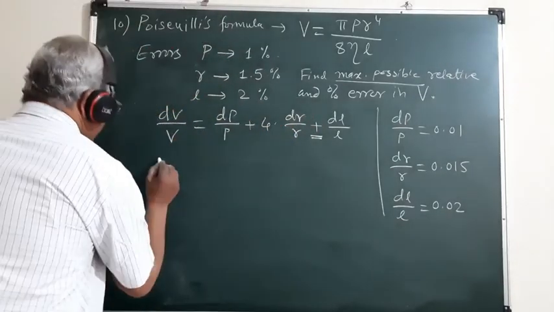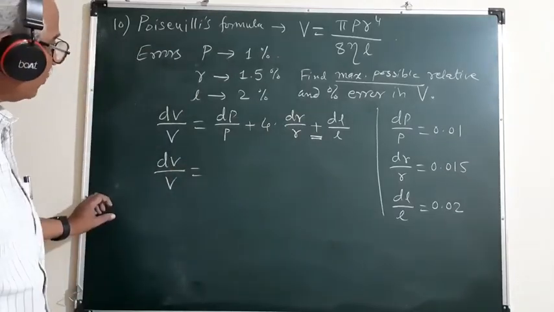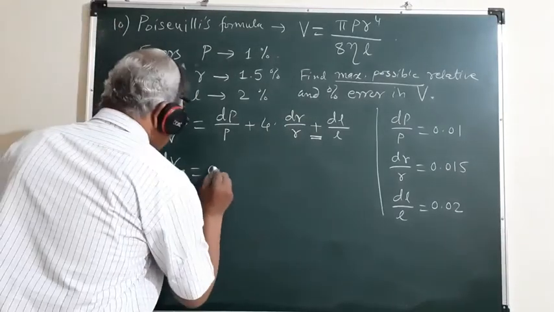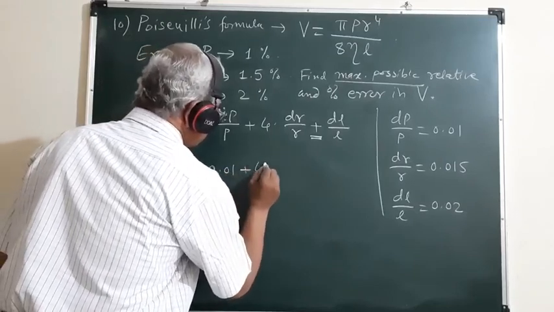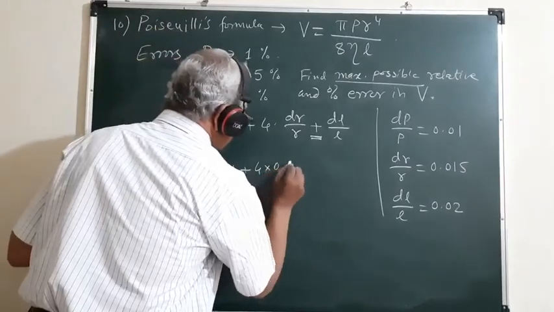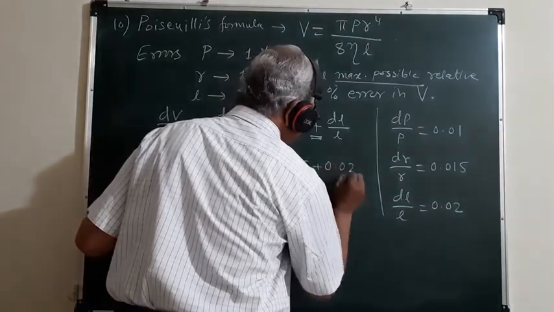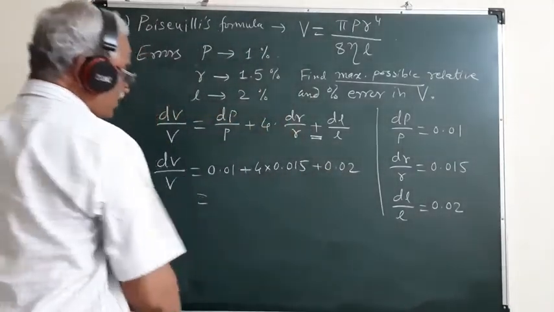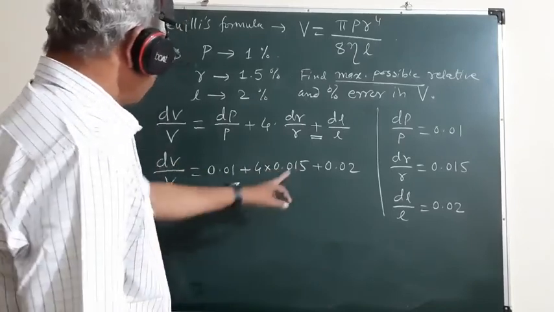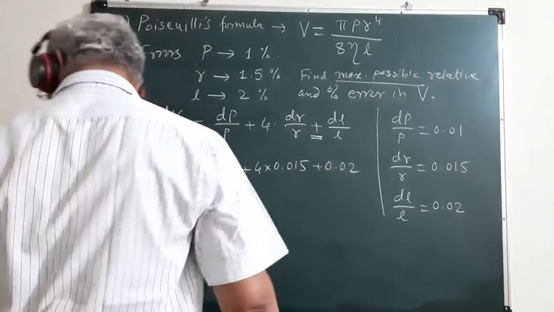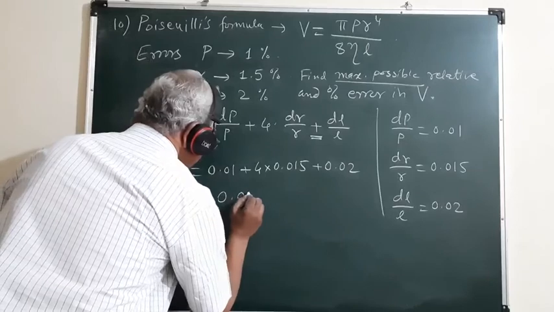So using these values of dp by p, dr by r and dl by L in this expression, we get the relative error in the measurement of volume rate of flow to be equal to 0.01 plus 4 times 0.015 plus 0.02. So this works out to be 0.06, 0.07, 0.09.